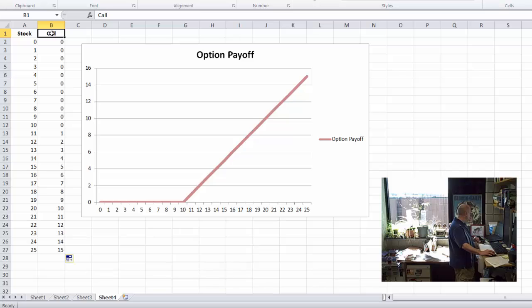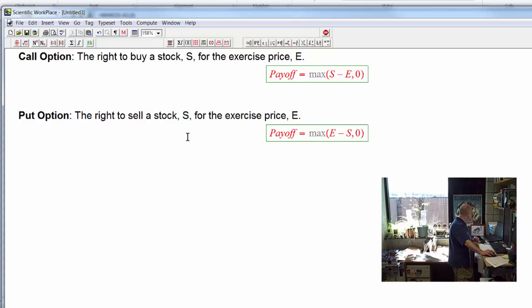Let's take a look at what a put is then. So a put option, well, it's the maximum. Now a put option, I'm going to set the same exercise price, but I'm coding put options the right to sell a stock for an exercise price E. So if I own this piece of paper, I can make the writer of the option buy the stock from me for the exercise price of $10.